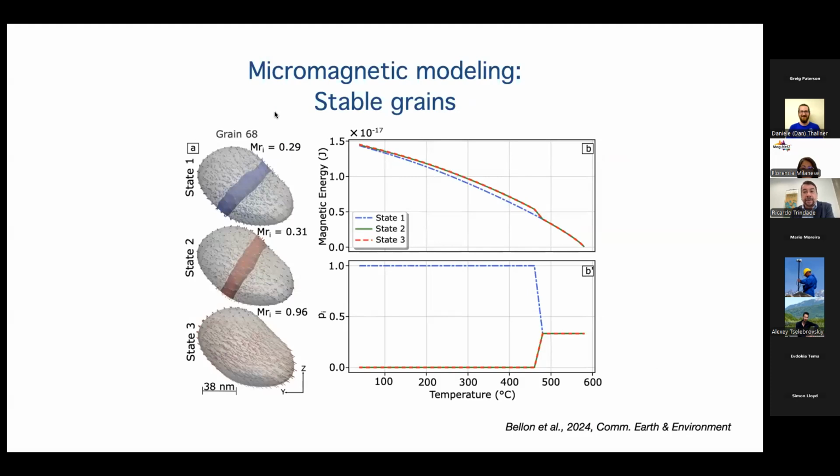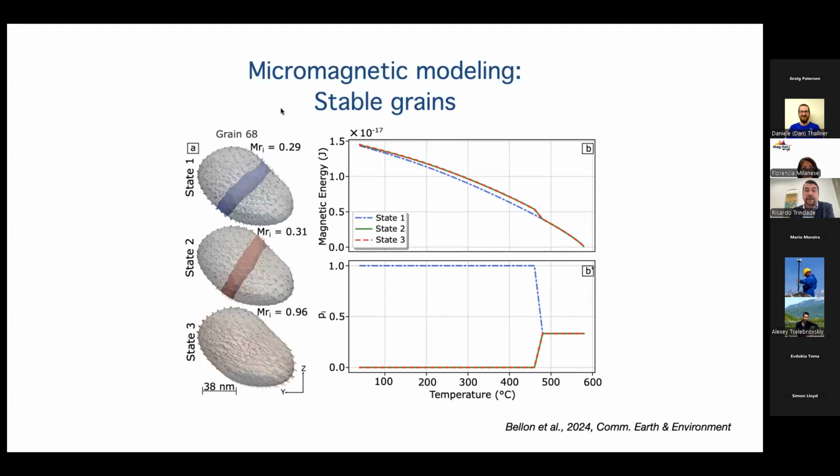Then we also show that there are some grains that are very stable, and this has also been shown by several other colleagues, mostly working on more predefined shapes for the grains, showing that there are grains that are stable at the scale of the age of the solar system. In this case, we have some of those very stable grains also modeled.